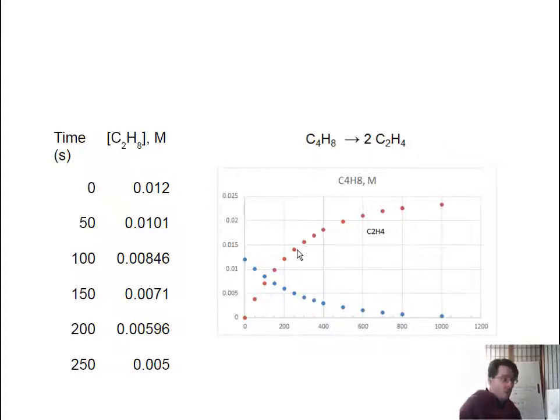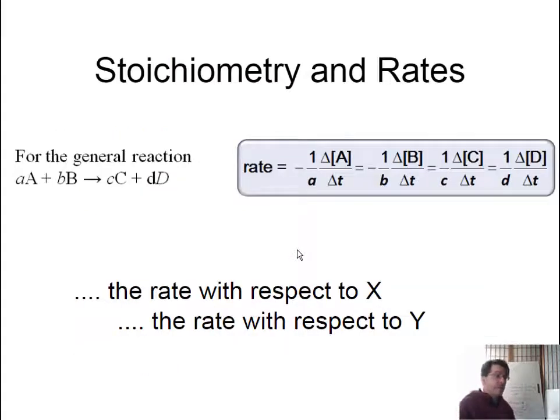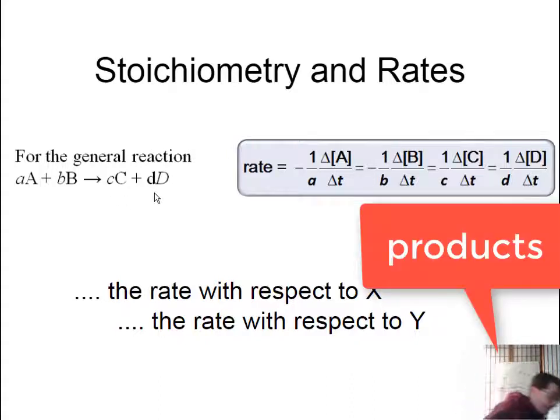And so the way we solve this is that when we express the overall rate of a reaction, the overall rate is irrespective of stoichiometry. You take the rate that you calculate and you divide it by the stoichiometric coefficient, with a negative sign if you're using a starting material, or the coefficient with a positive sign if you're using the products.